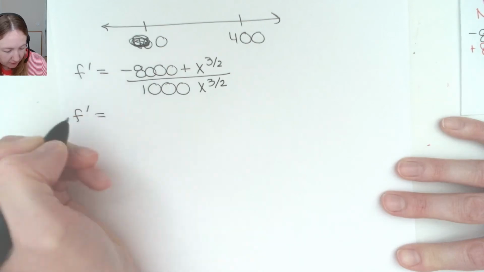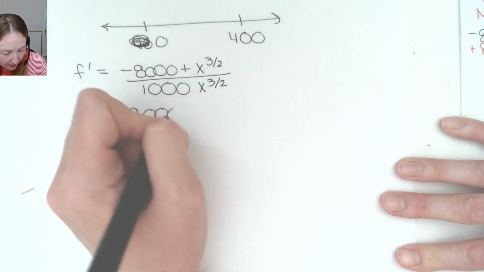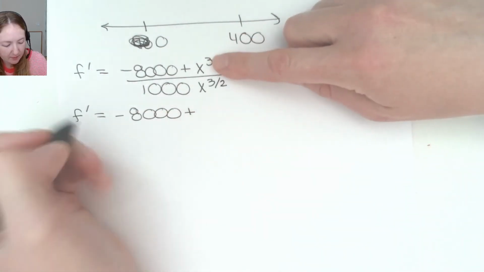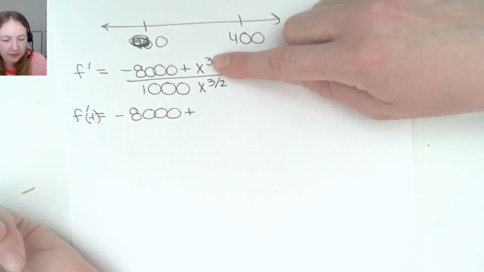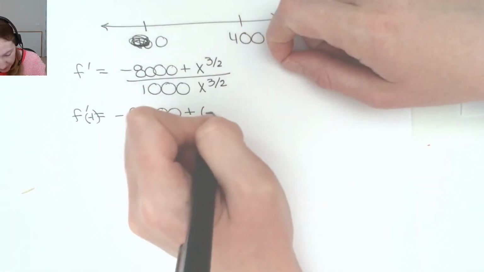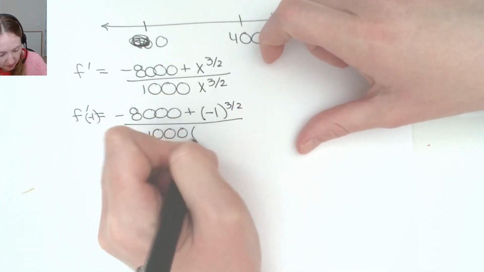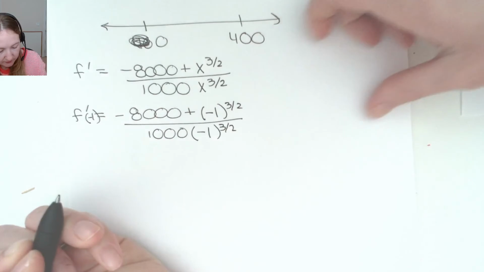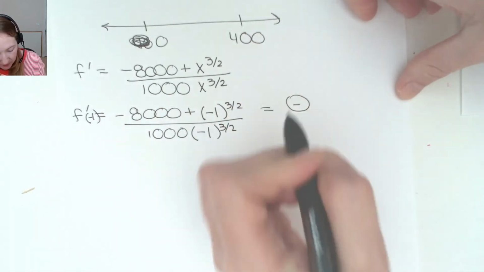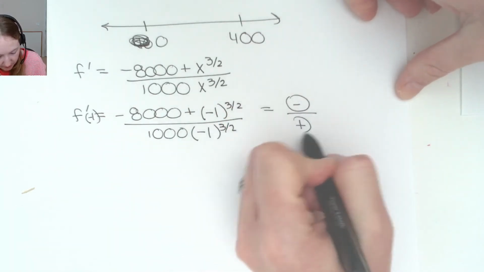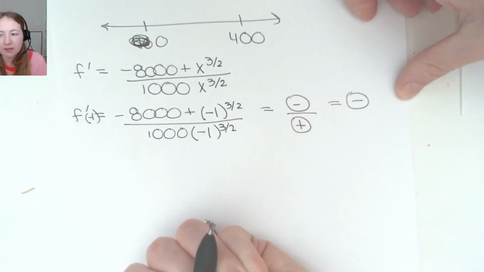All right, so I plug in the negative 8,000 plus, and then maybe I decide for this first one I'm going to plug in -1. So -1 to the 3/2, and then over 1,000 -1 to the 3/2. That's going to give us a negative over a positive. So overall, we get a negative.